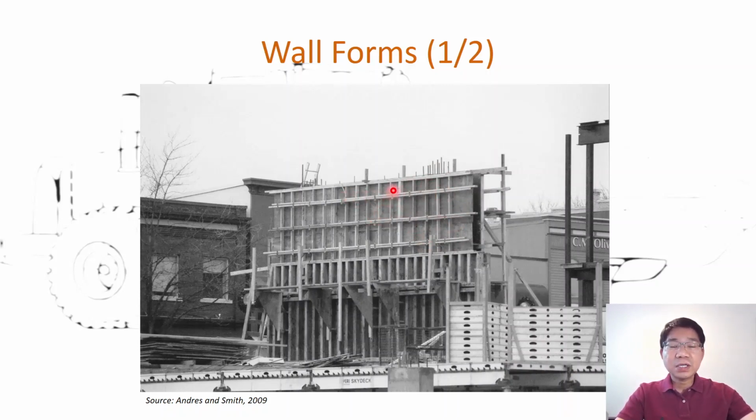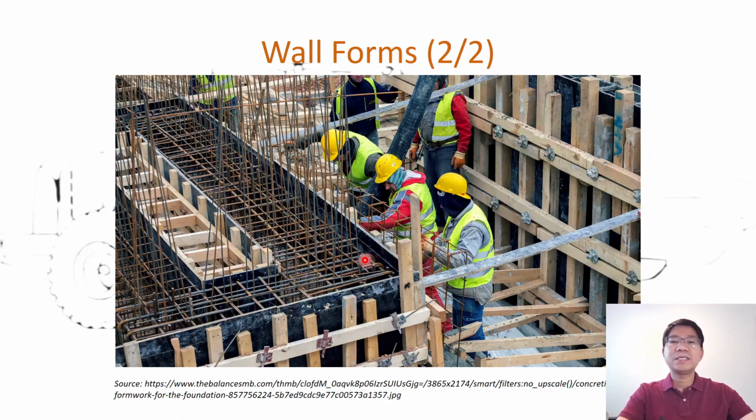And in this case, you see the wales are double, 2 members in there for the wale. So those are the typical members and how they are organized for the wall forms, and that you can see in here with the plywood for the sheathing, and then stud vertical, and the wales in this case double, and horizontal, as you can see in this wall form.